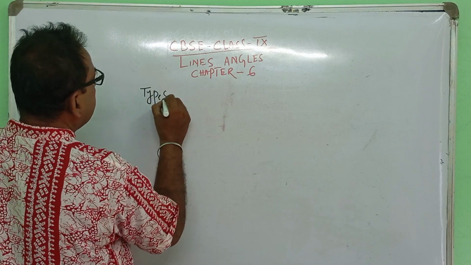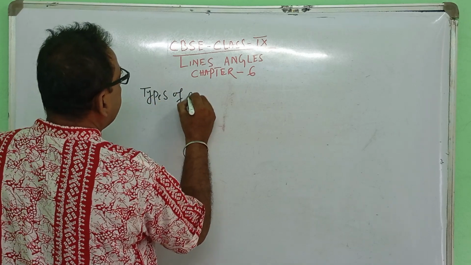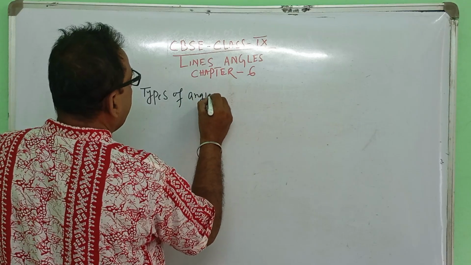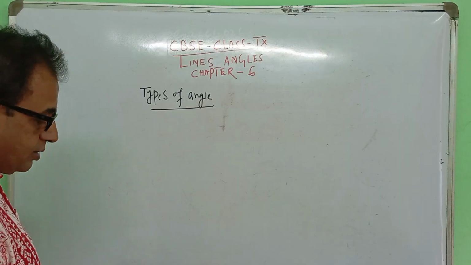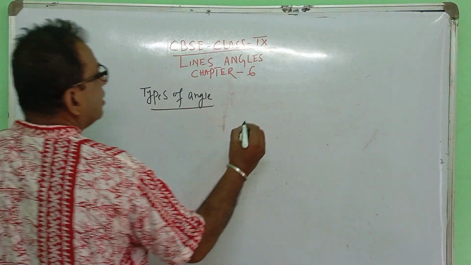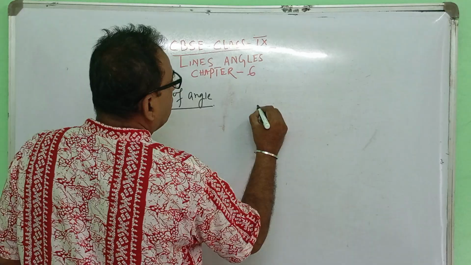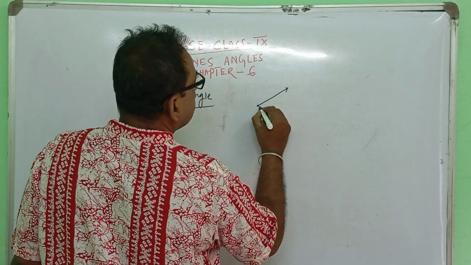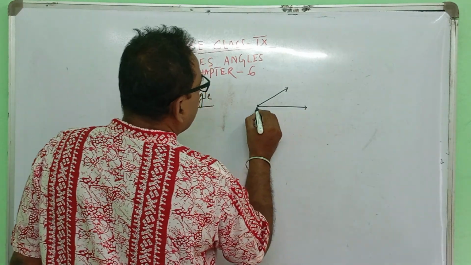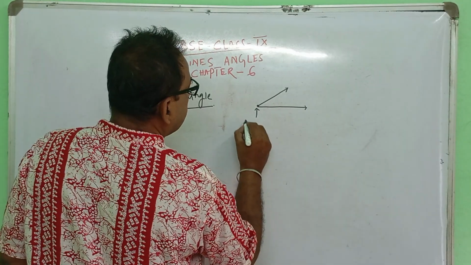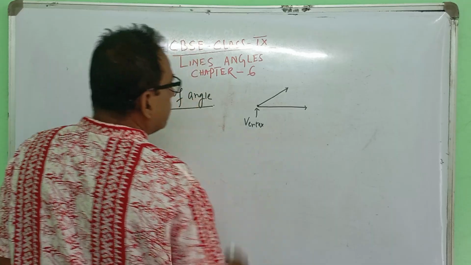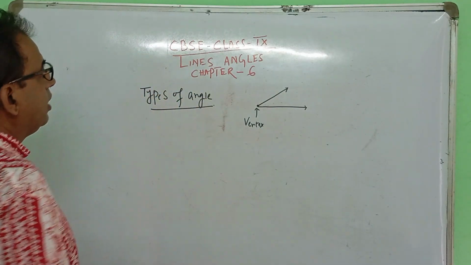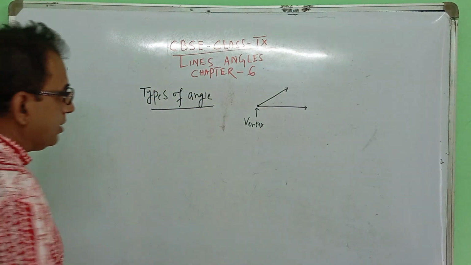This is types of angle. Now the first type is this. Now this is a point. What is the name of this point? It is called vertex. And these are the two rays.